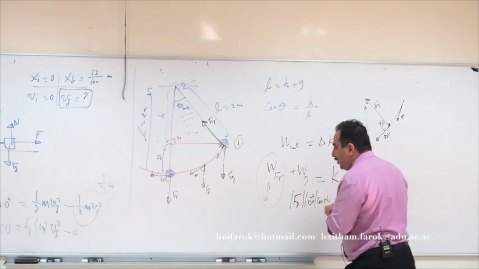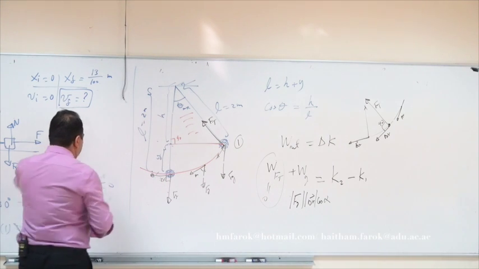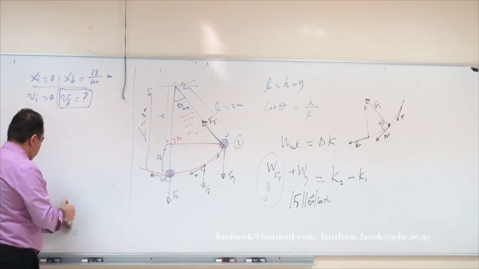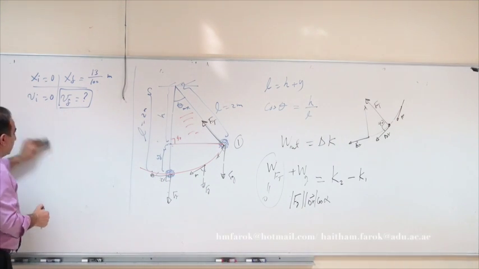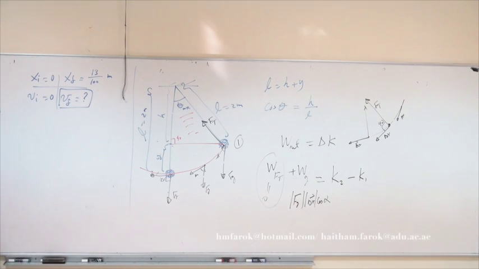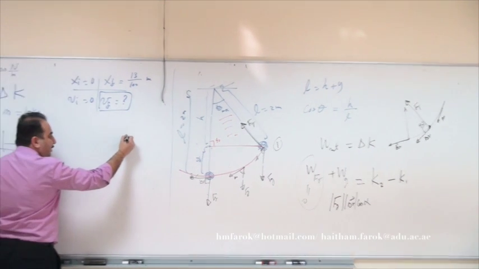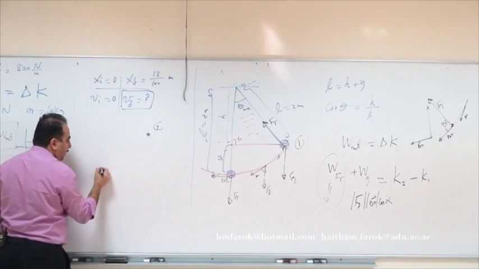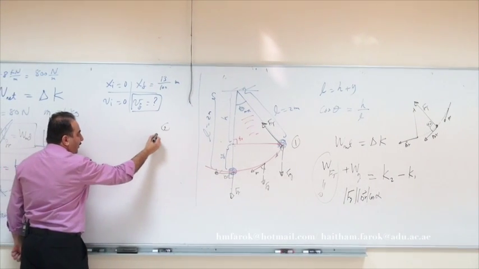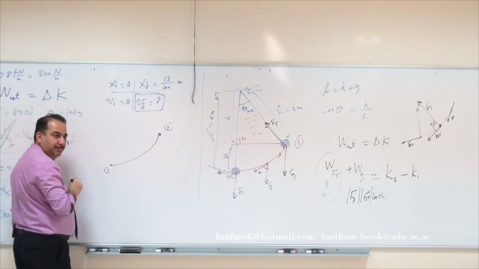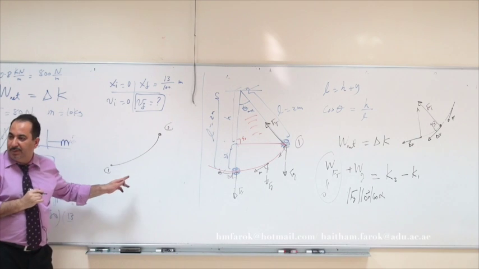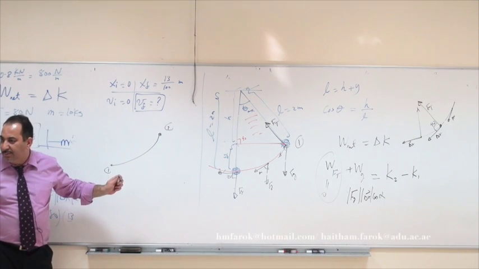So from here, if I draw it, wait, I want to remind you of what we did. This is number 2, this is number 1, and this is path number 1, the arc. It's not easy to calculate the work of gravity.